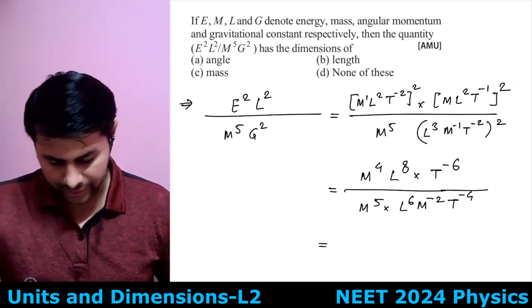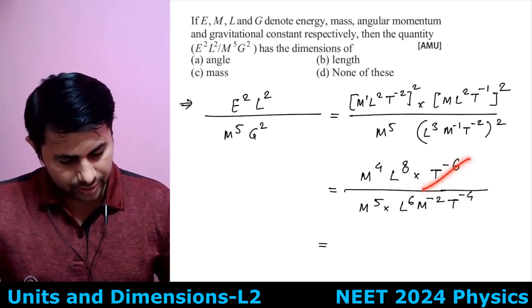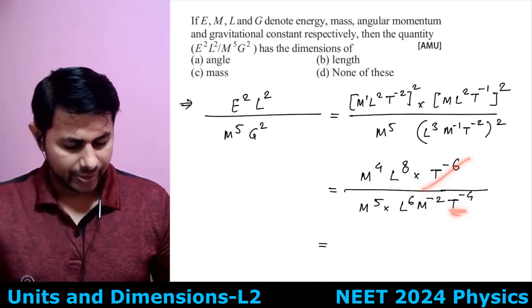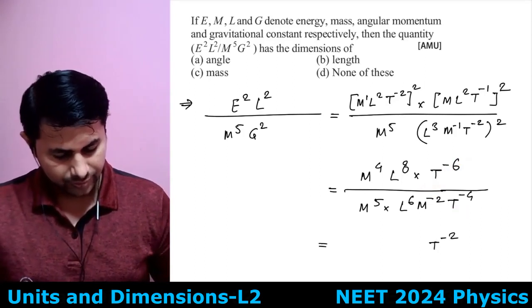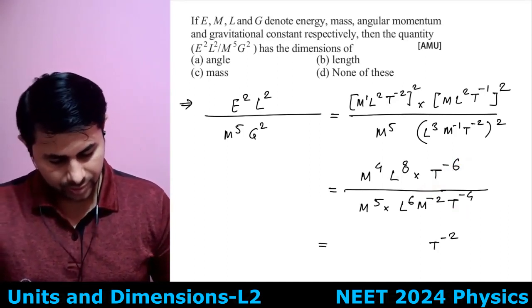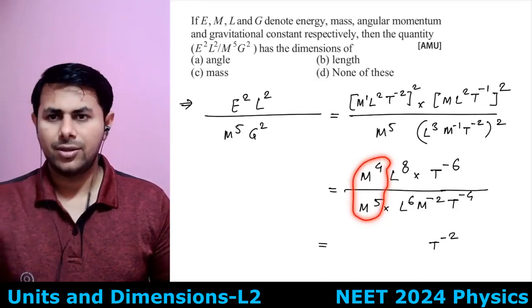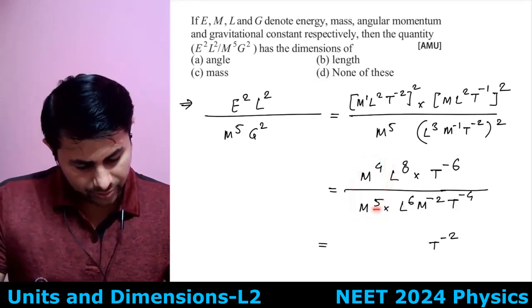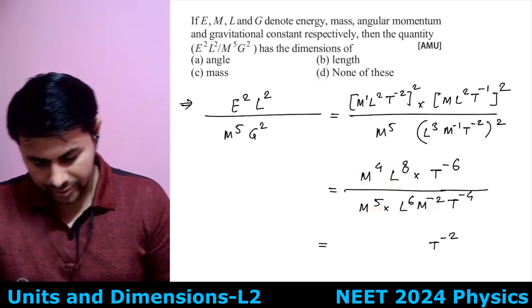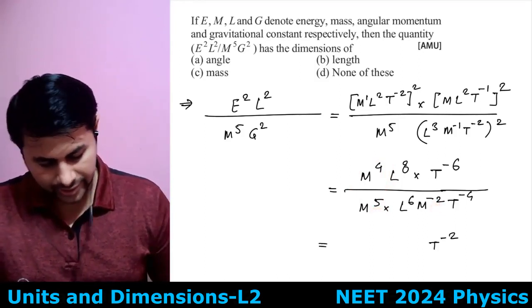I think it is t raised to minus 6 divided by minus 4. It is minus 2. Okay. M raised to 5 minus 2 is 3. So 4 by 3 is 1.